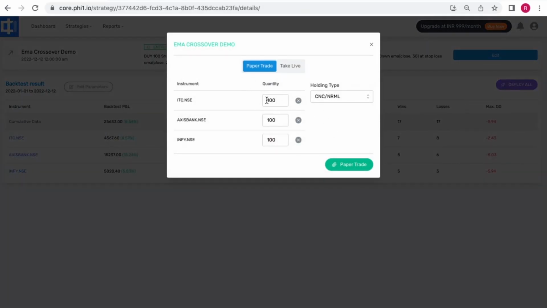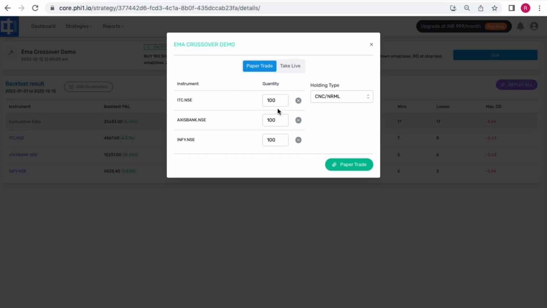Before you go to deploy, you can always paper trade your strategy. In fact, it's recommended that you do so. This is to test your strategy's robustness in the live market environment without the use of any real money, which means at no risk you can check how well your strategy is going to do in the real market environment.